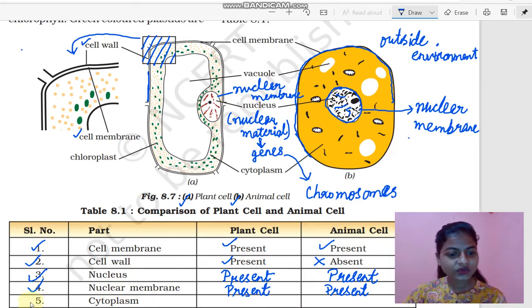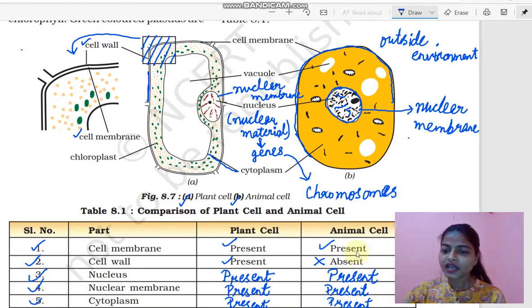Now come on to the next one, that is cytoplasm. Cytoplasm is a jelly-like substance. It is present in plant cell as well as in animal cell. So we write that cytoplasm is present in both.